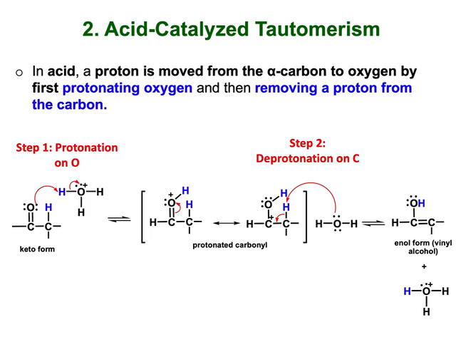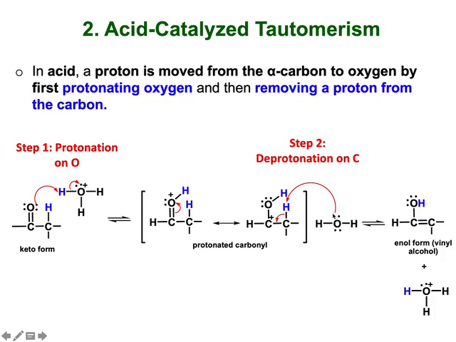But look at the acid catalyst. So here are the steps for acid catalyst. Step 1, protonation on O. It means this lone pair abstracts this proton to become protonated carbonyl, O positive, and this one is C positive.